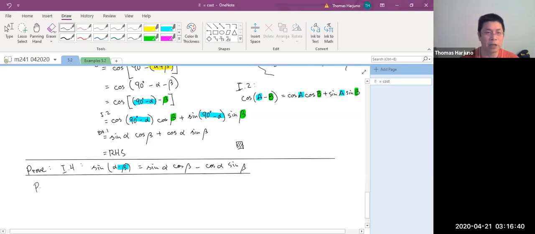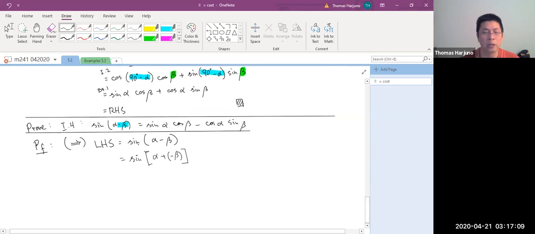So I give you the sketch of the proof. That would be sine of alpha plus negative beta. That's how you rewrite it. And then we did that routine in 1, 2, by the way.